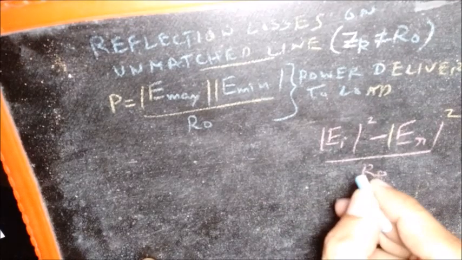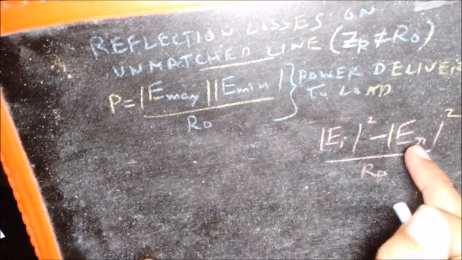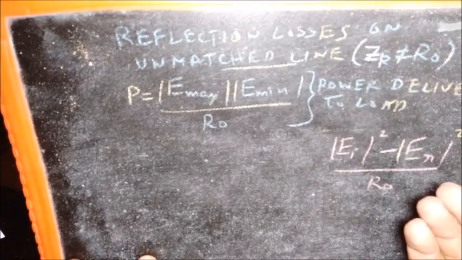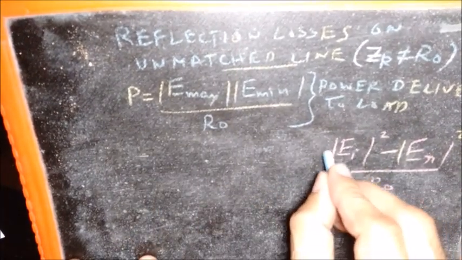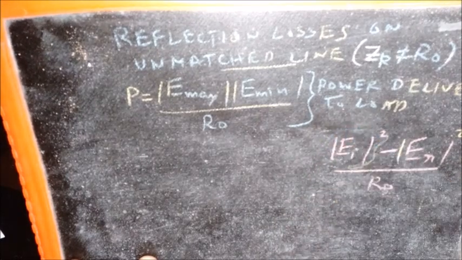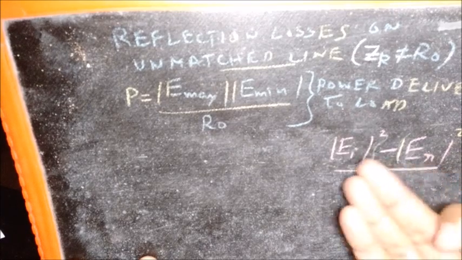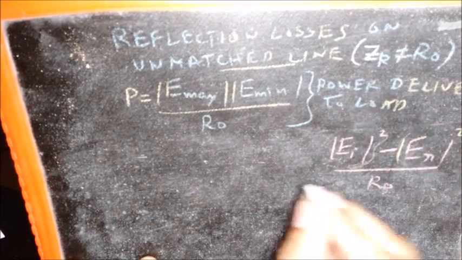And this is equal to the difference between two powers. This is the squared amplitude of the incident voltage waveform, and this is the squared amplitude of the reflected voltage waveform. And this is equal to the power delivered to the load.